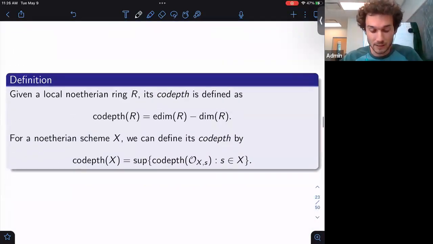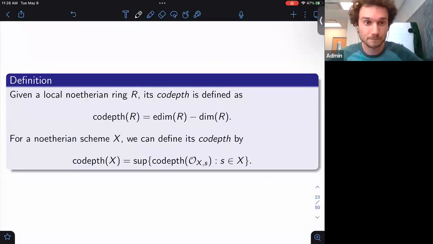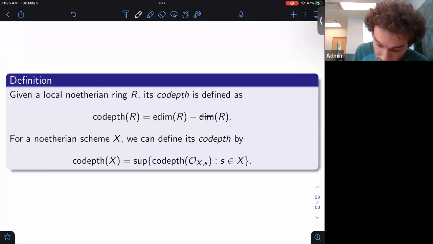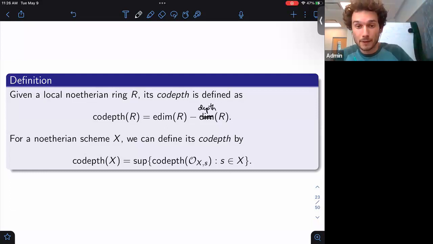Well, we can. And we will introduce this invariant called the codepth. So given a local noetherian ring, we define its codepth to be the embedding dimension minus its depth. The embedding dimension is the minimal number of generators needed for the maximal ideal.